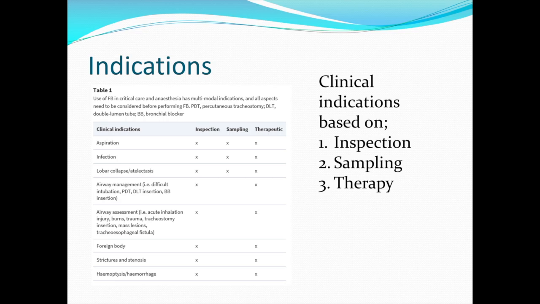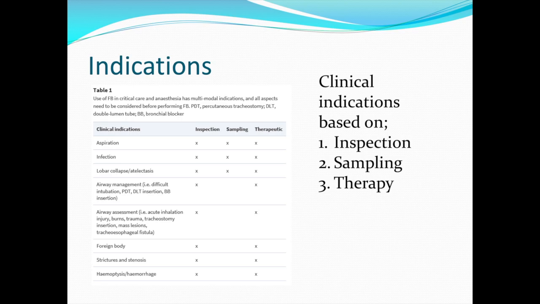It can also be used in hemoptysis or hemorrhage to locate the source of the bleeding and to also be able to stop the bleeding in certain circumstances. It is important to consider local resources such as rigid bronchoscopy or interventional radiology as first line in the cases of hemoptysis or hemorrhage.